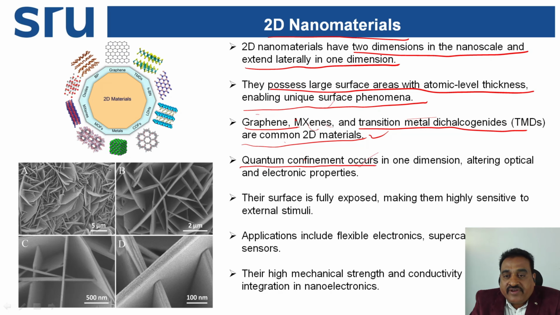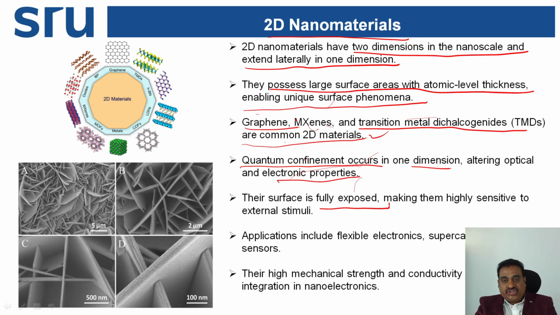Quantum confinement effect occurs in one dimension, altering optical and electrical properties in two-dimensional materials. Their surface is fully exposed, making them highly sensitive to external stimuli. Try to see here simple applications, including flexible electronics, supercapacitors, and gas sensors.